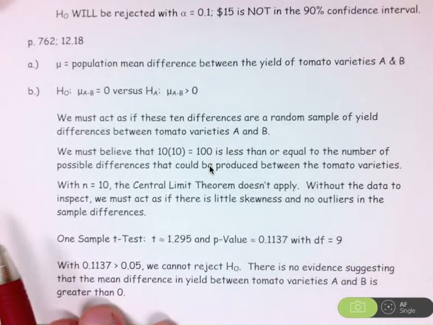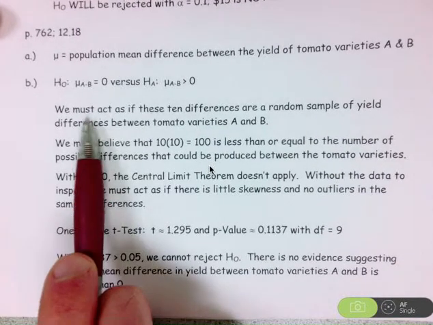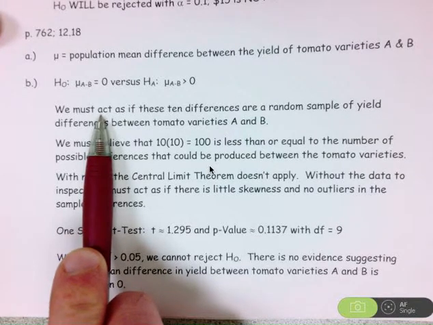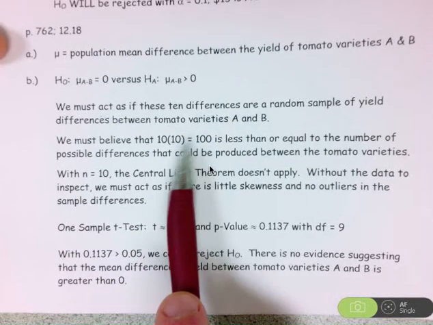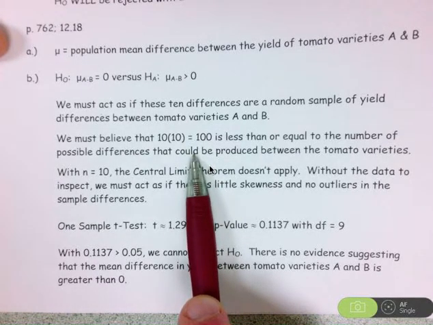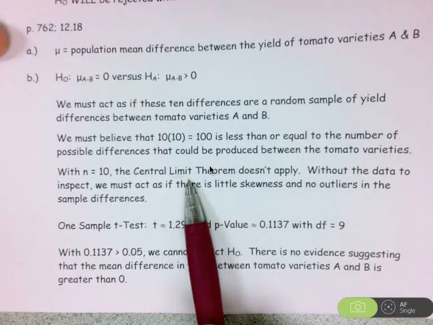We don't have the data, so we're not able to verify the conditions, but we should still write about them. We should act as if these 10 differences are a random sample of yield differences between the tomato varieties. We have to believe that 100 is less than or equal to the number of possible differences that we could produce if we took plots of land and planted both varieties of tomatoes on them. Notice with n equals 10, the central limit theorem doesn't apply.